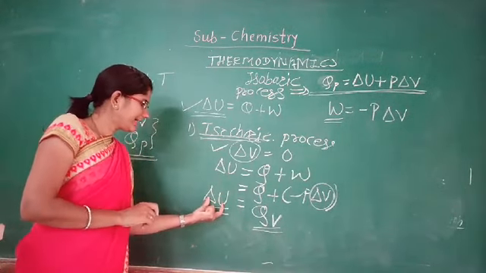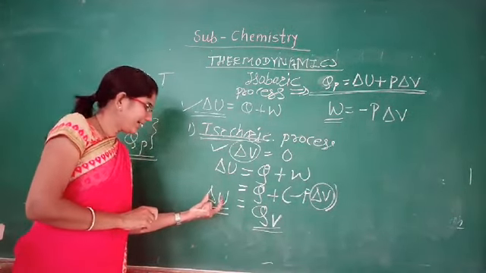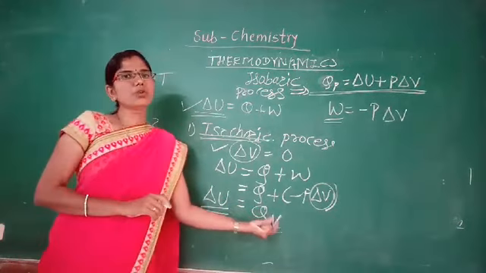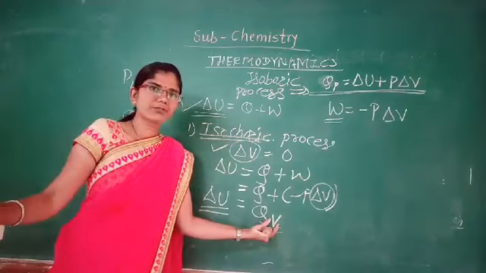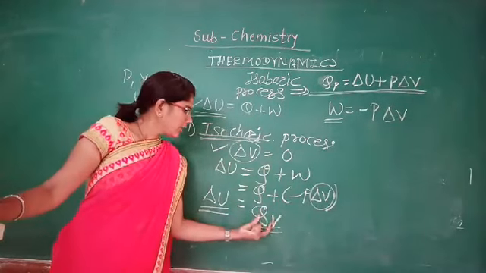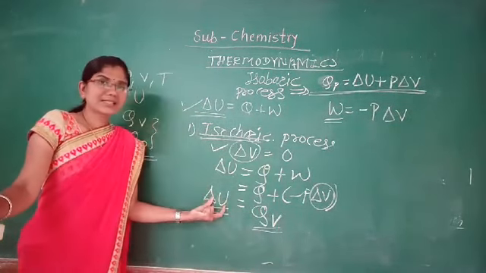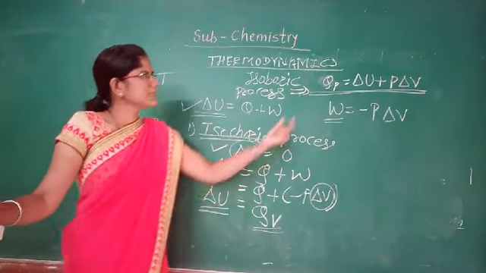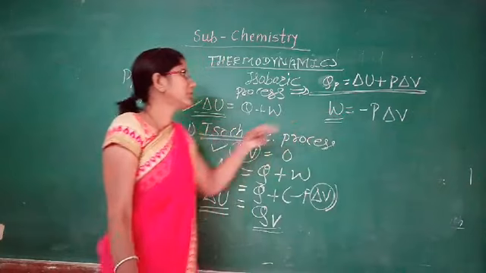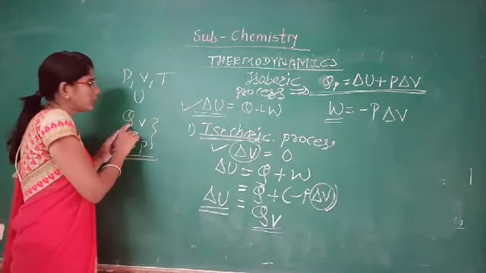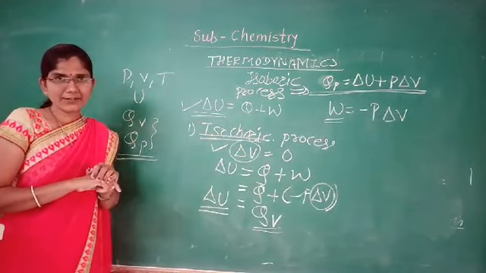Because delta U is a state function and delta U is equal to QV, the heat content of the system at constant volume, QV is a state function. Here also delta U is equal to QP, and therefore QP and QV are state functions.